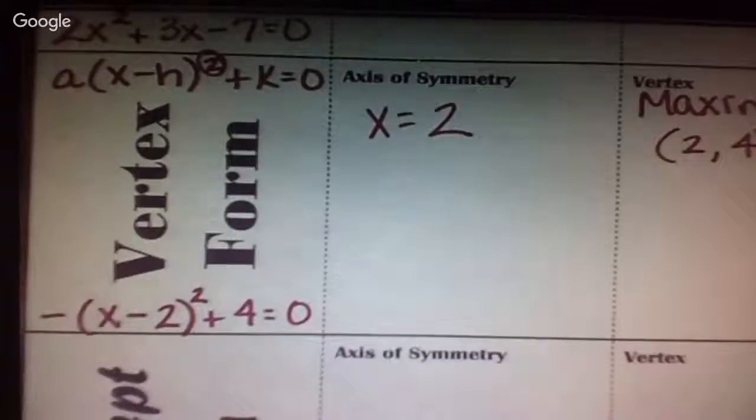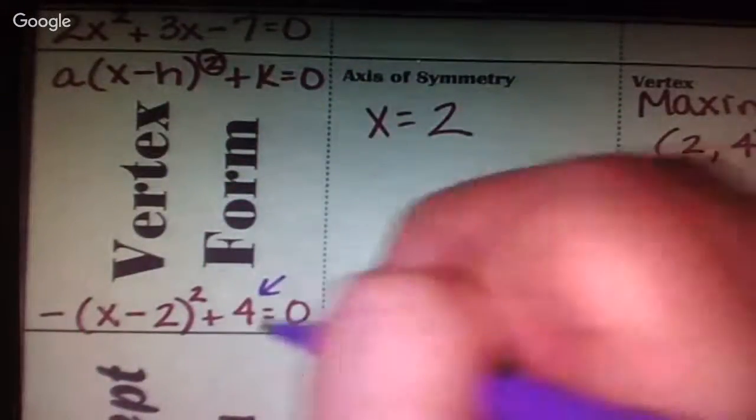Take a look at the equation and your maximum value. So h and k are always going to be the same? The two numbers. When it is in vertex form, that means that I've given you the vertex. This is the y part of your vertex. It is positive 4.